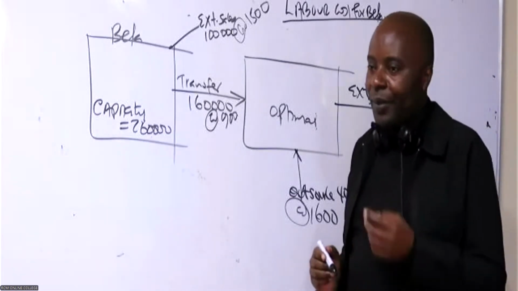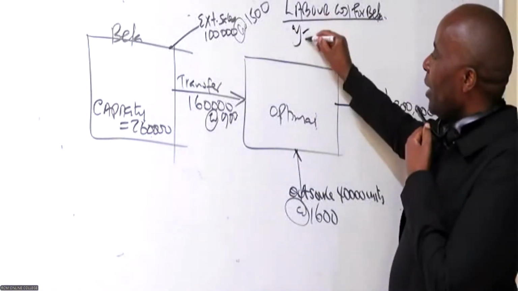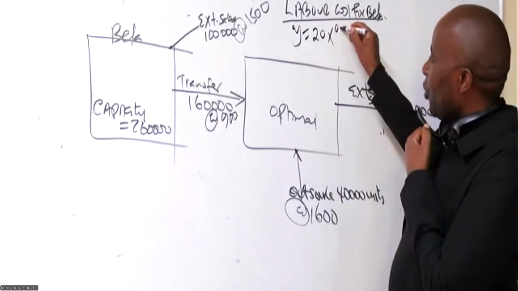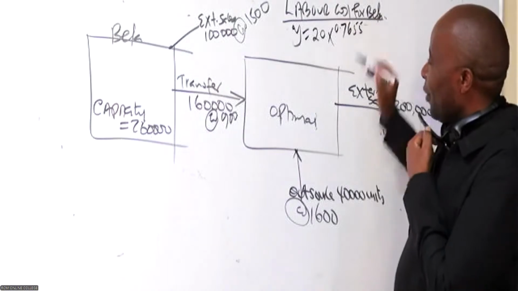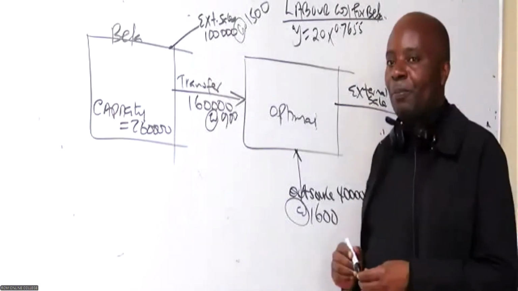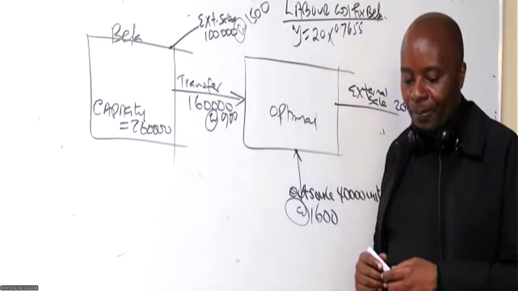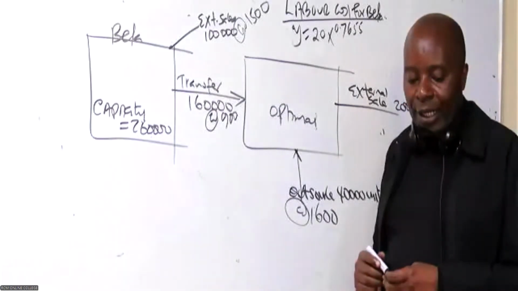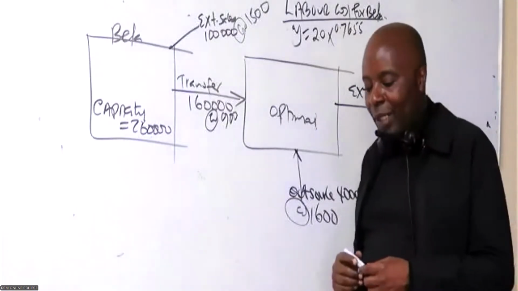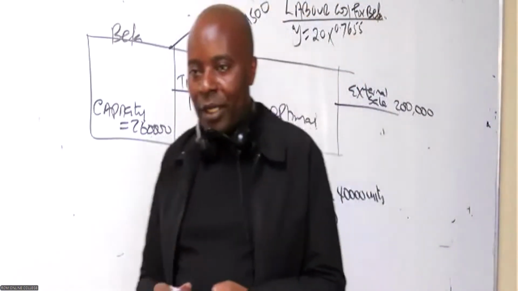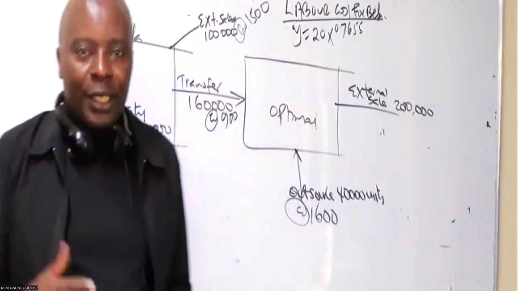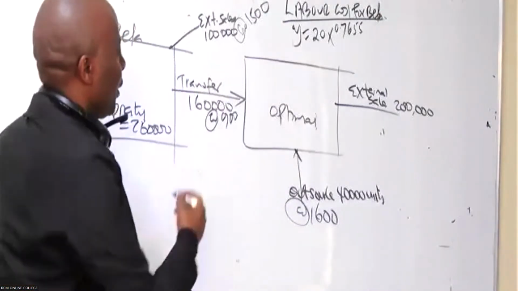We know y equals 20 x raised to 0.76. So how many units shall we as beta be producing? 260,000 total, isn't it?